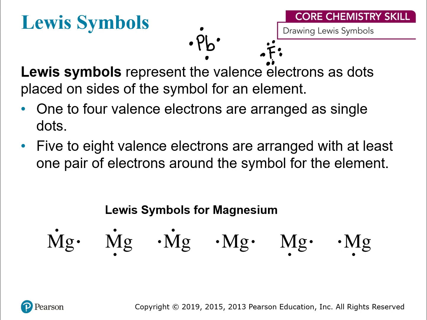So does that make sense on how to write a Lewis symbol? It's also called an electron dot symbol. And I promise the stuff that we're covering now is much easier than the configurations. So you can breathe a little bit easier.